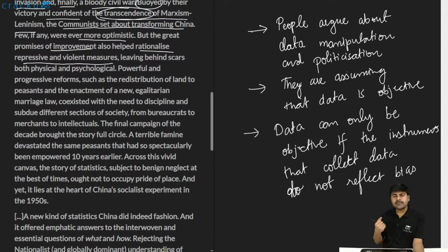But these great philosophies they had, these huge promises they had for people and for themselves of revolutionizing China, led to a rationalization or a justification of violent measures.